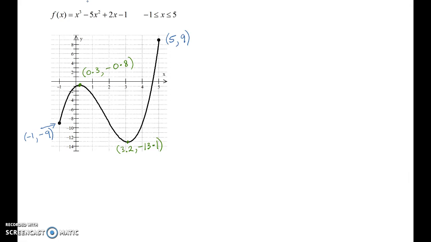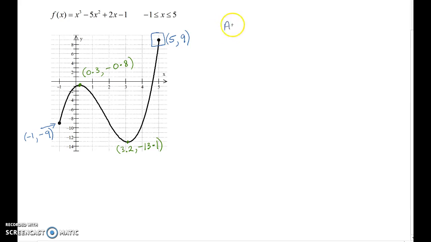But in this case, the highest point on the graph is right here. When we are asked what the absolute maximum is, we quote its y-coordinate. So for maxima and minima, whether it's absolute or relative doesn't matter. Whether it's absolute maxima, absolute minima, relative maxima, relative minima, we give the y-coordinate as our answer.